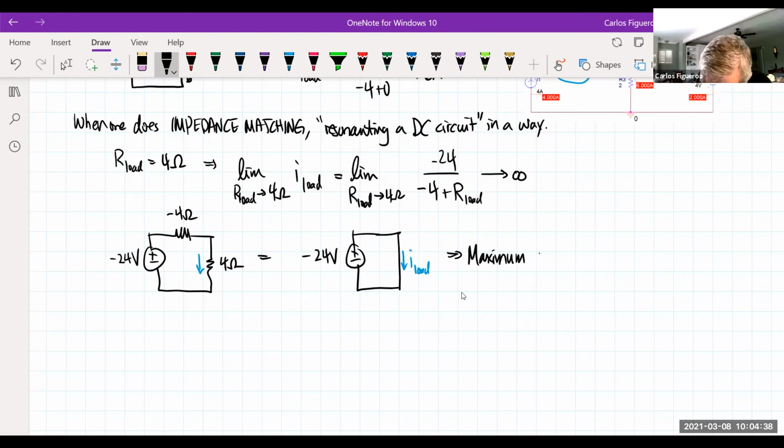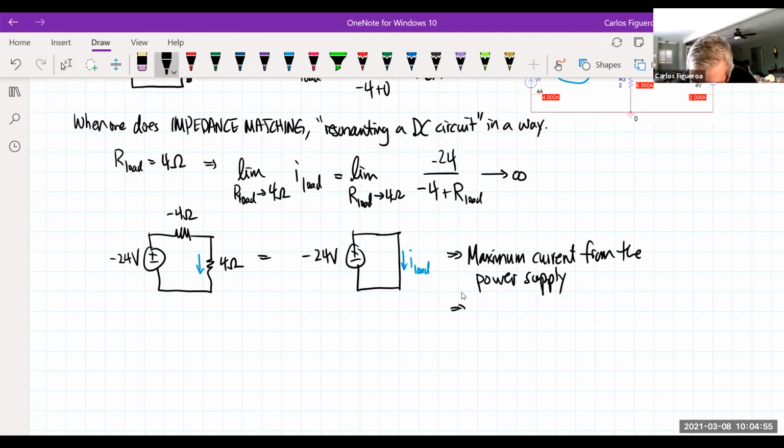So when I'm looking at I load, you're then getting maximum current from the power supply. Of course, no power supply in the world can put out max current.